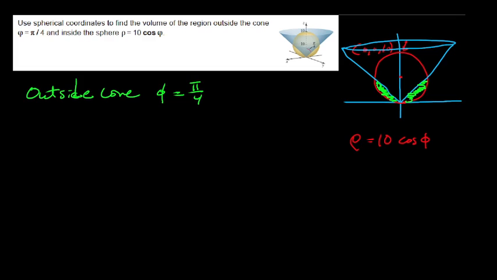If this is phi equals 0, all of this is inside the cone up until we get to pi over 4. So what we want is the region between pi over 4 and the xy plane, 90 degrees, which is pi over 2. So outside the cone would be from pi over 4 to pi over 2.